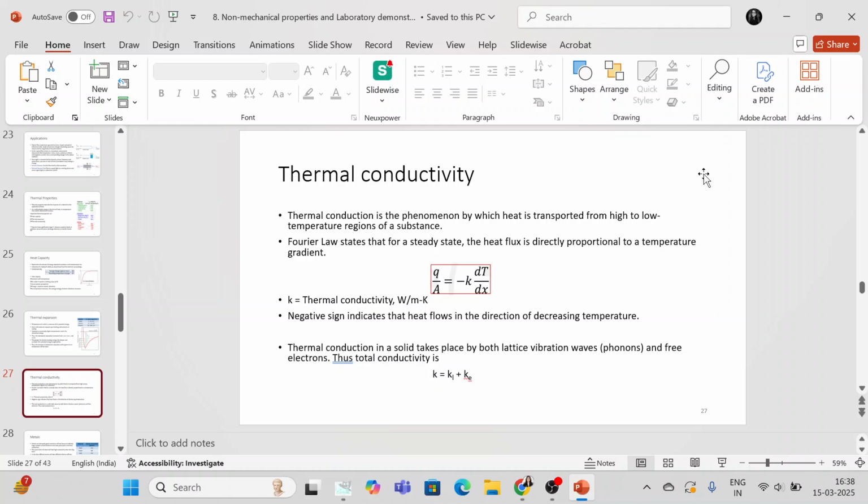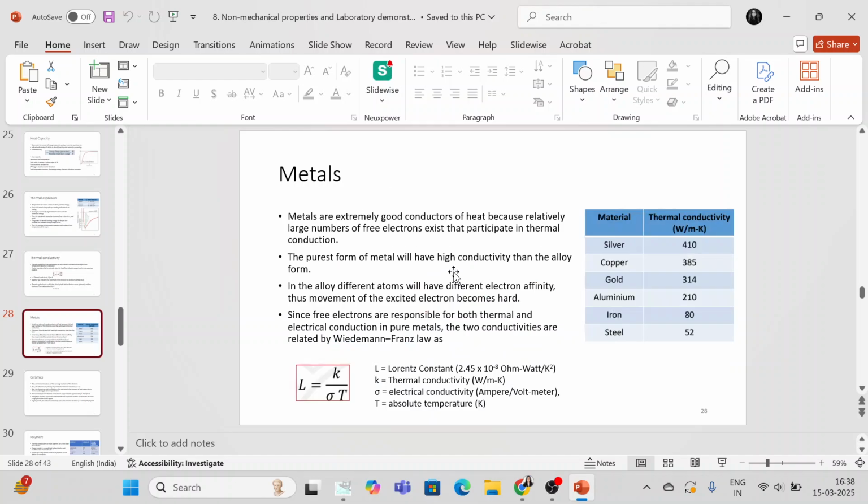These types of formulas you should remember. You should prepare notes on these as well, so that you will remember them in exams. And also which material has higher conductivity, at least the top 5 you should remember or something like that.